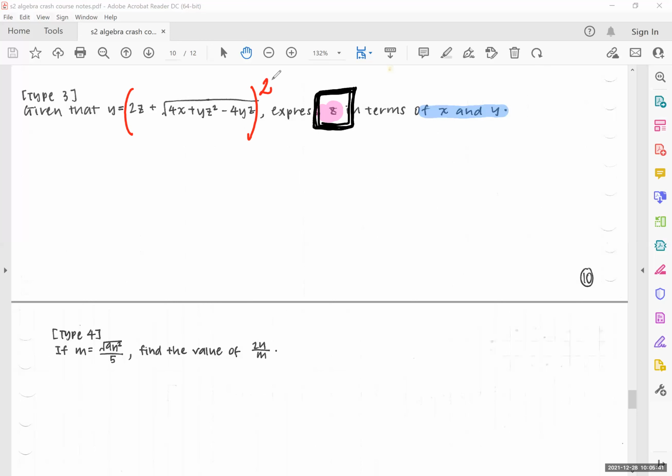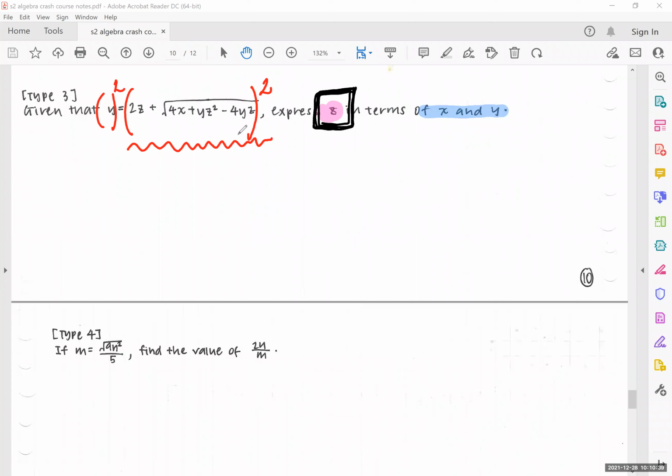Bracket this, square. What does this remind you of?